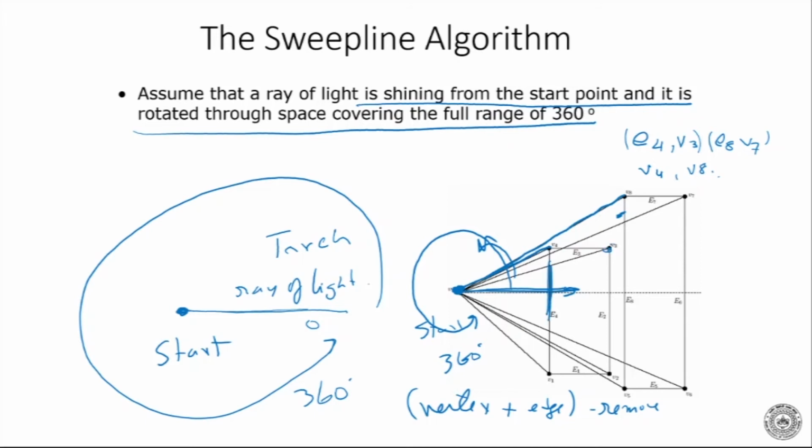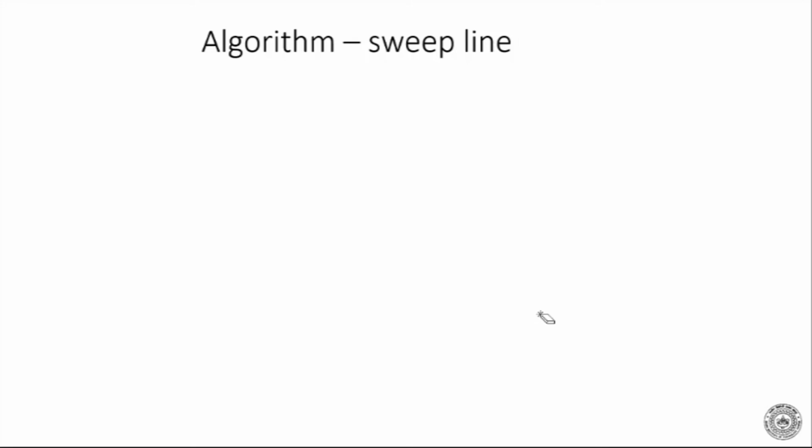Geometrically we are doing this, and we make these pairs, and wherever we have a vertex plus an edge, we remove, so we are left with only the vertices which can be seen. Those are the ones that we are keeping.